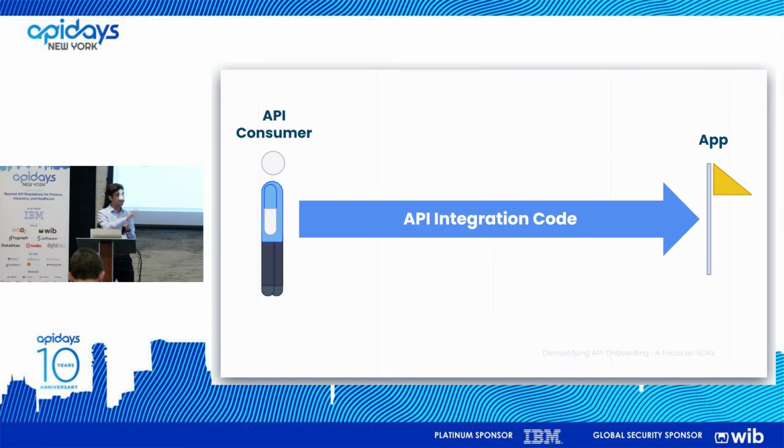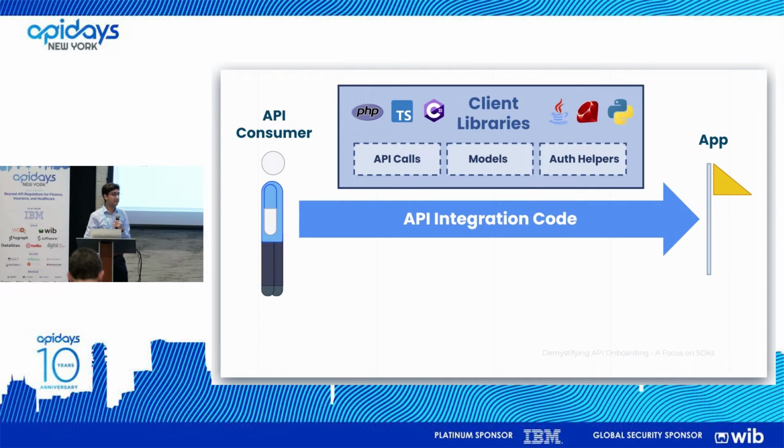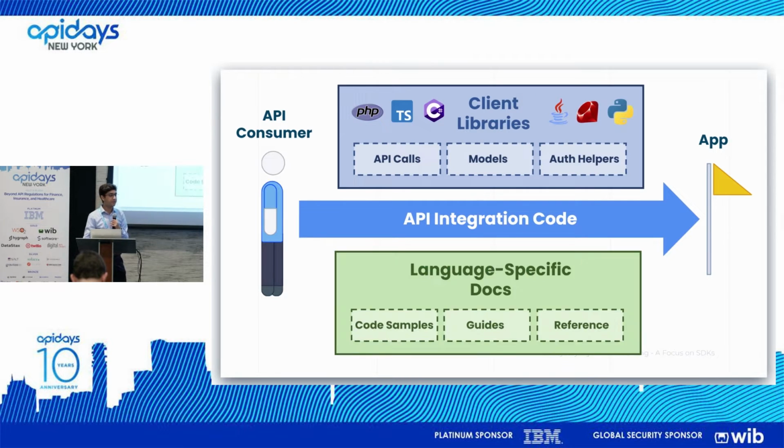So you have the API consumer who has to build an app using your API, and they need a couple of things to make that. First, the software development kit has client libraries. That's language-specific code that they can pull into their code base to write their API integration. And to complement client libraries, there's also language-specific documentation.